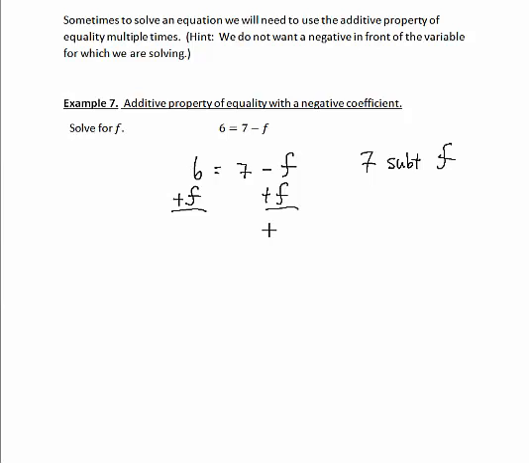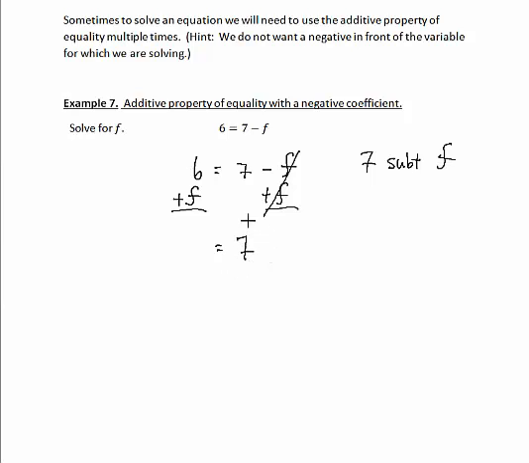But the same rule applies to variables as they do for numbers. What I do to one side of an equation, I must do to the other. So now f is a particular number, and so if I subtract a particular number and then add that particular number, these two operations cancel each other. A negative f plus an f is 0.